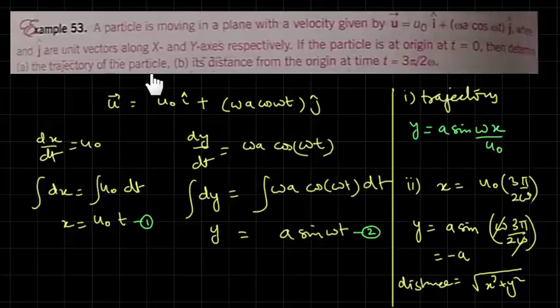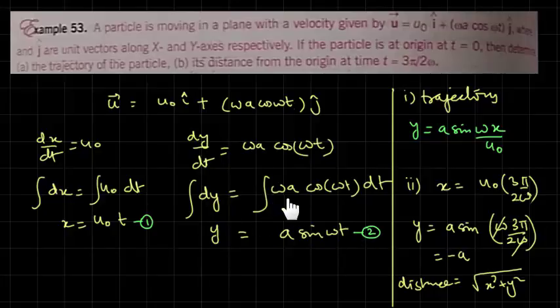For the trajectory, it is basically a relation between the x and y coordinates. We are given the velocity, so we can say dx by dt is equal to u naught, and dy by dt is equal to omega a cos omega t. Integrating these gives x equal to u naught t, and y equal to a sin omega t.